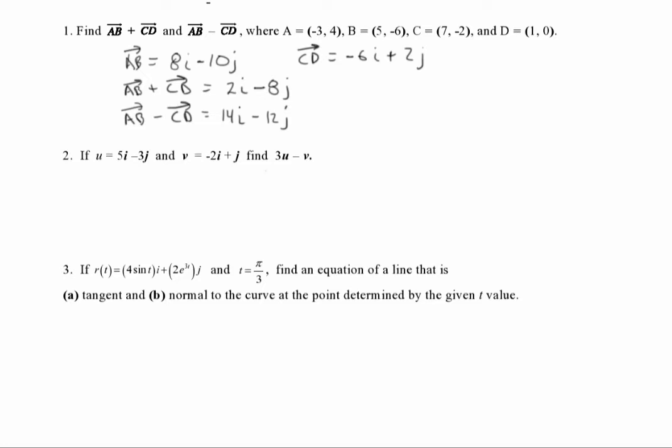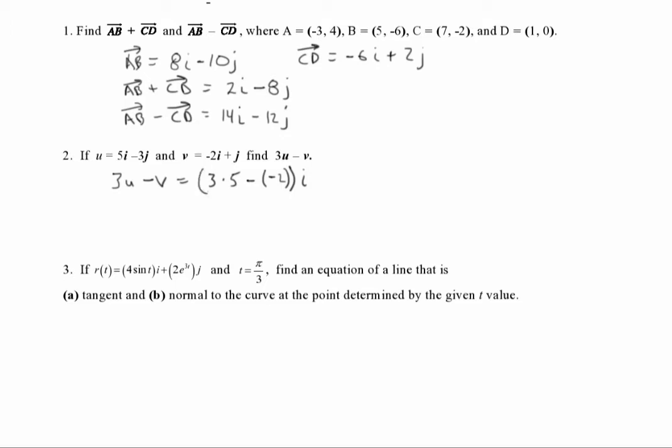So for number 2, when you see these in bold like this, that's telling you that these are vectors. So we're going to go 3u minus v, and we'll have 3 times the x direction, or the i component of the u vector, minus the i component of the v vector, and we get -2, and all of that will be the i.